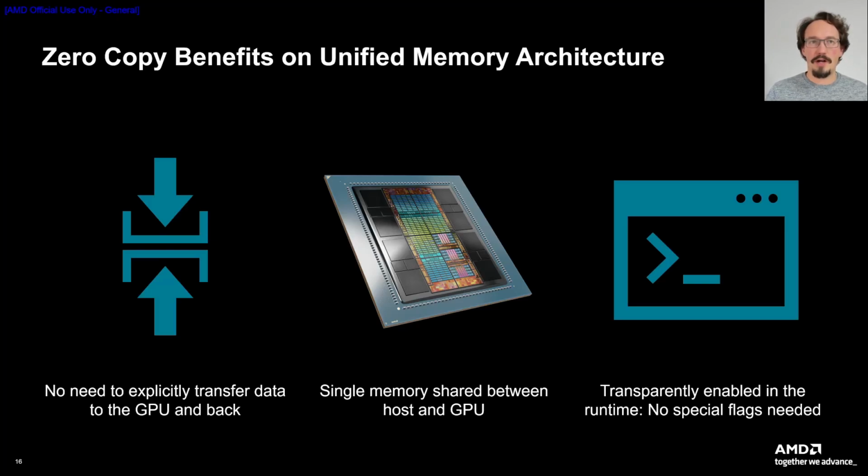The MI300A has a single memory shared between the host and the GPU, and this mode is enabled transparently for the user without the need for special setup. It is, however, not limited to the MI300A, as other Instinct accelerators also support the features needed.